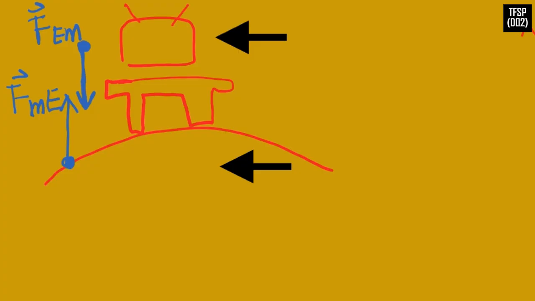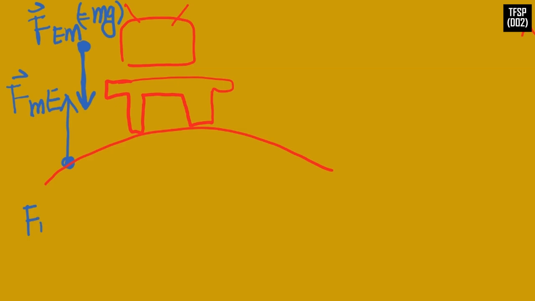FEM is the force exerted by the earth on the TV and is the gravitational force, mg. By applying Newton's third law, we obtain the following equation: FME equals negative FEM.